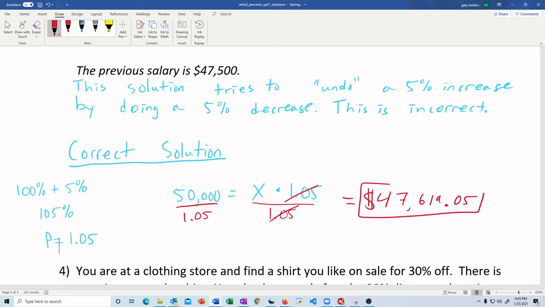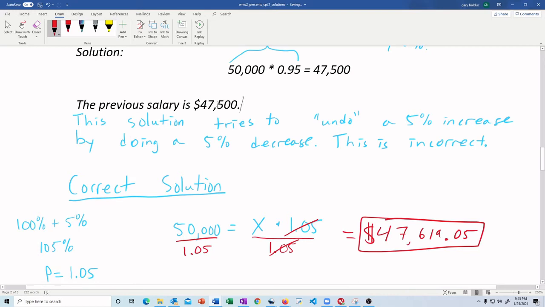Here you go. So you'll see, right, that when I did this the incorrect way, I accidentally overshot when I tried to go down 5%, which hopefully makes sense. Increase 5%, you get a bigger number, right?